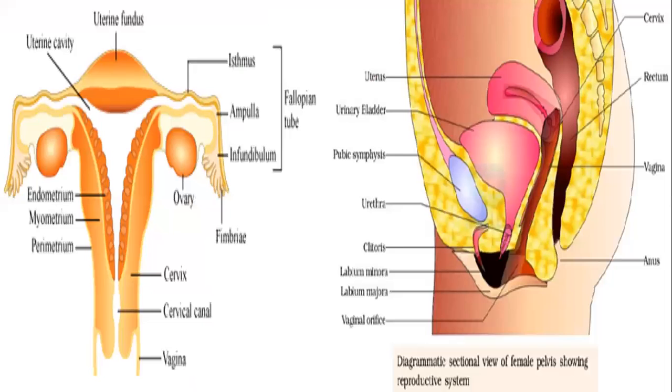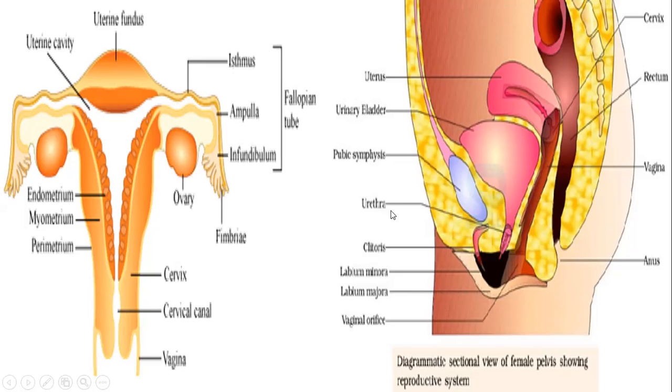So we have studied the female reproductive system. There is an ovary, then a fallopian tube, then the uterus, then the vagina. Between the vagina and uterus, there is one canal that is called the cervix, the cervical canal.